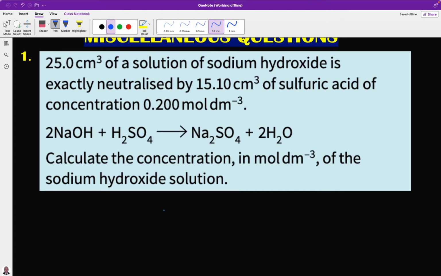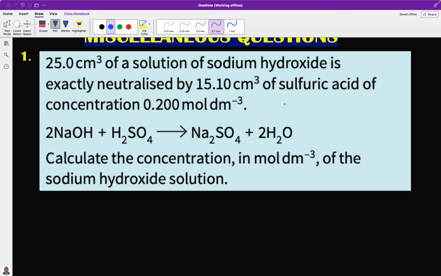This is a very good question for you. Remember, you want to calculate the concentration of sodium hydroxide, and only the 25 cm cube of sodium hydroxide has been given. So you cannot go anywhere. You must start with the one that has been given the concentration and the volume.